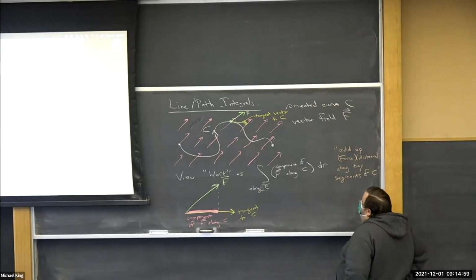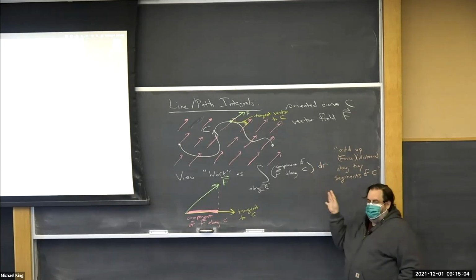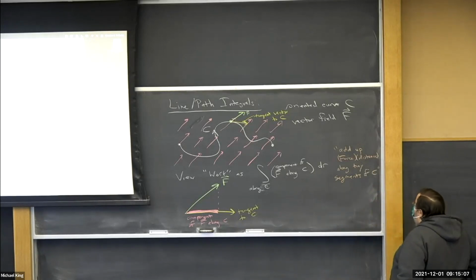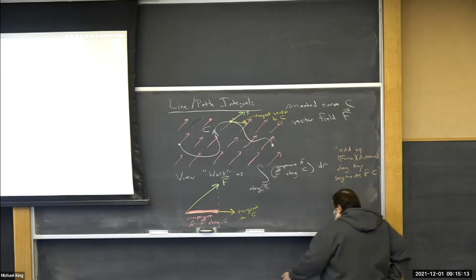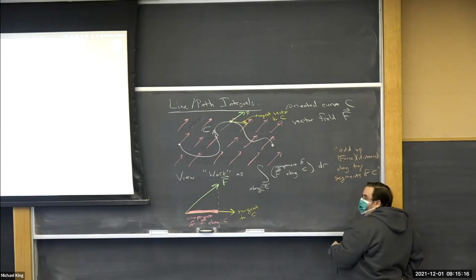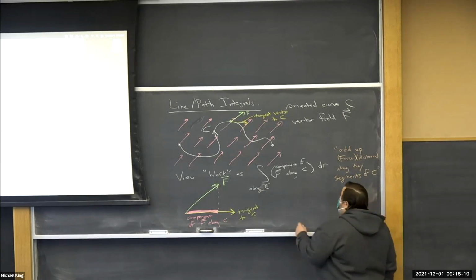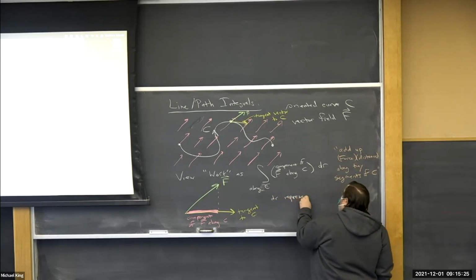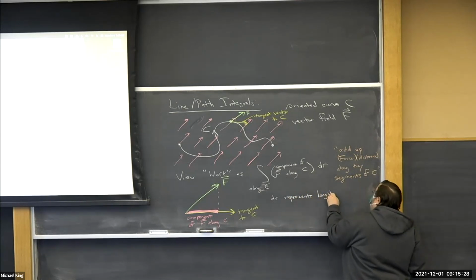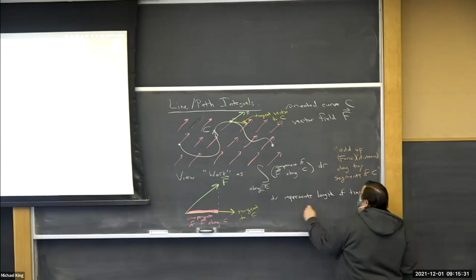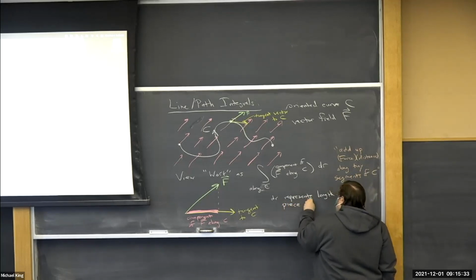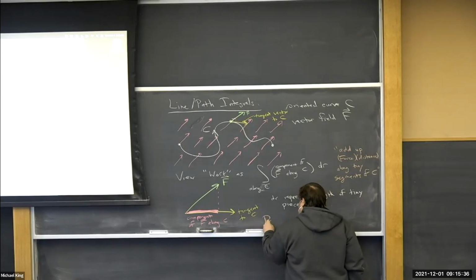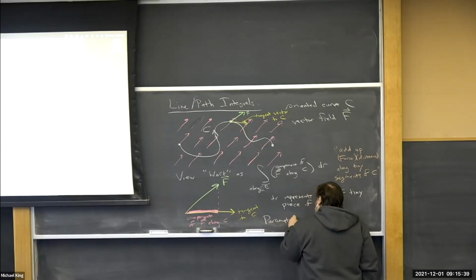And then, okay, I claim that this looks kind of complicated. How do we ever compute something like this? But there's some nice stuff here. If we start thinking about what we started doing last time, where we looked at what the dr means, the dr represents the length of a tiny piece of C. But then we said, let's parameterize. Let me do this abstractly, and then we'll do examples.